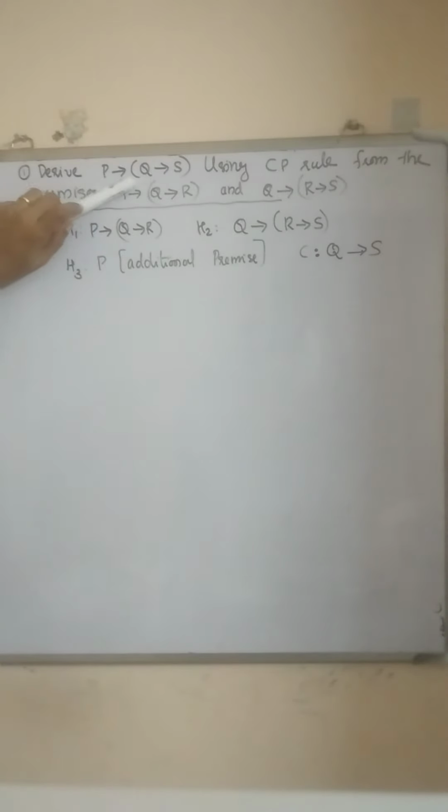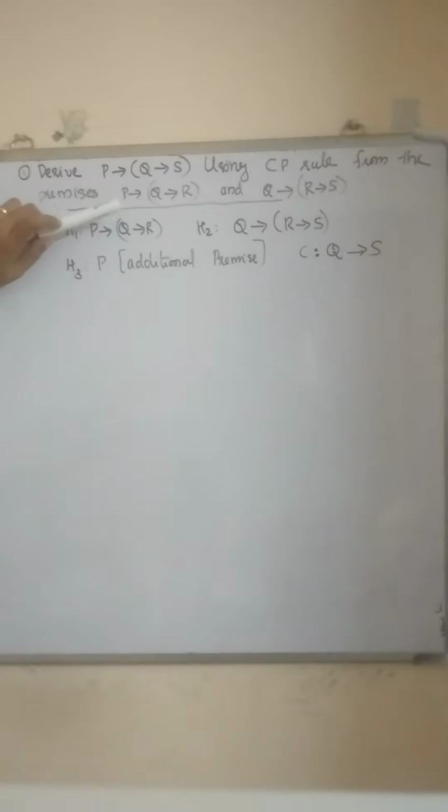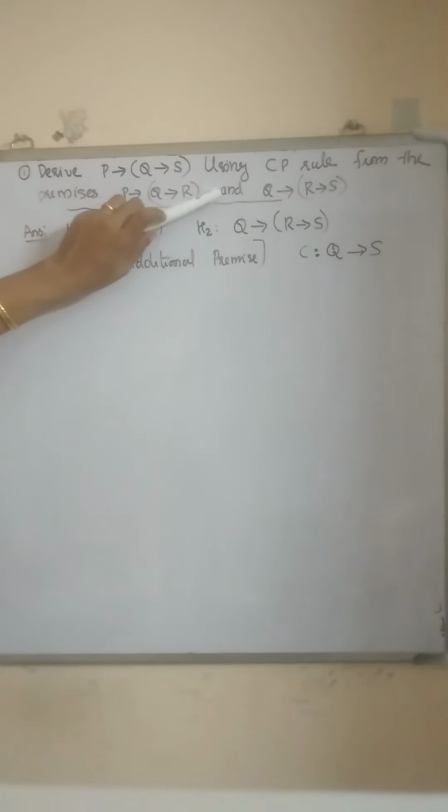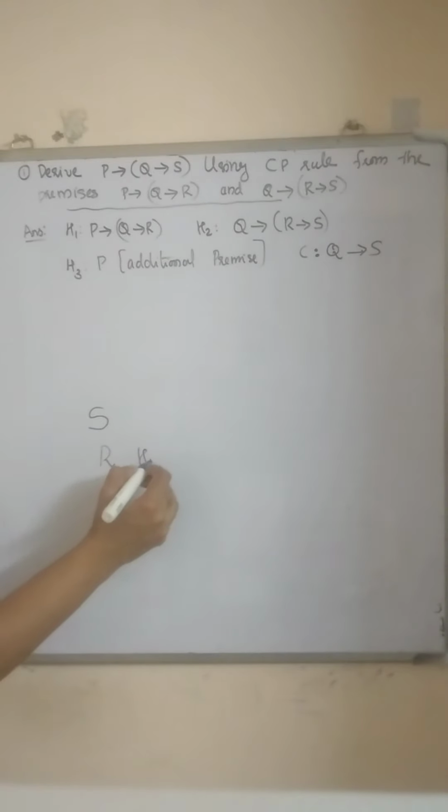Derive P conditional Q conditional S using CP rule from the premises P conditional Q conditional R and Q conditional R conditional S. Here the conclusion is Q conditional S. We know that in the CP method we derive S from the formula R and a set of premises H1, H2, etc., Hn.